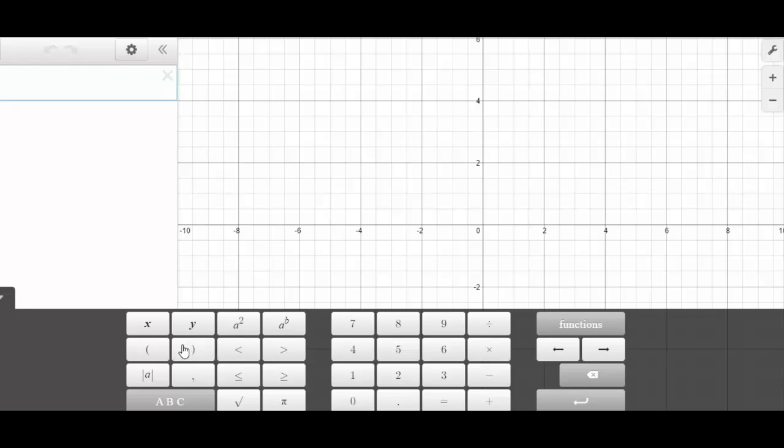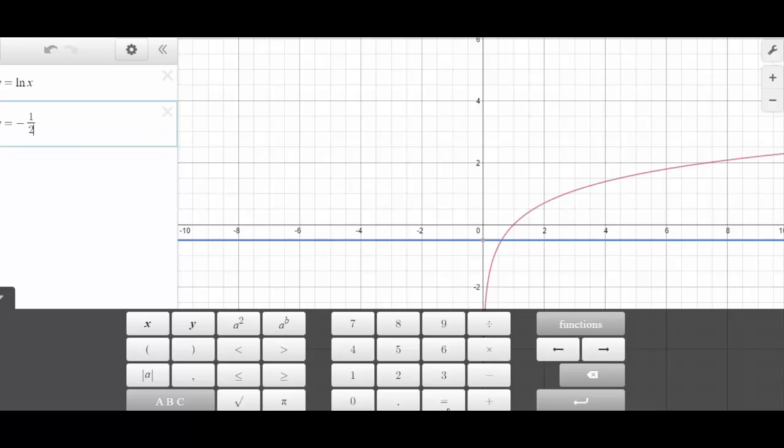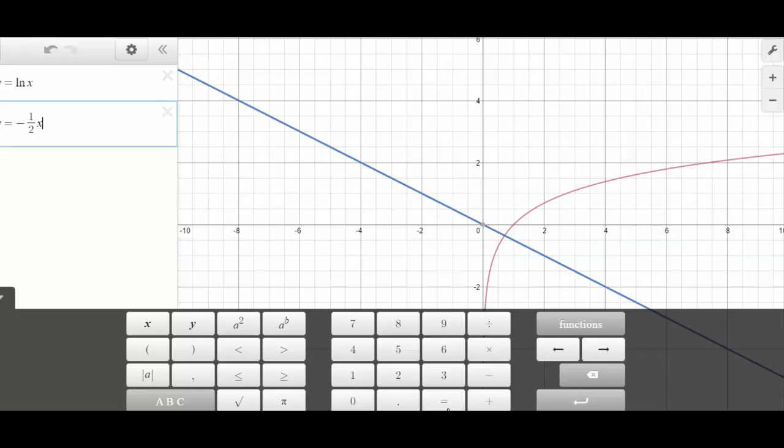You're going to go to y equals and type into the first y equals ln and then put an x in your parentheses. So that gives us part of our graph, and then we do y equals negative 1/2, and you could put negative 0.5 and that'll do the same thing.